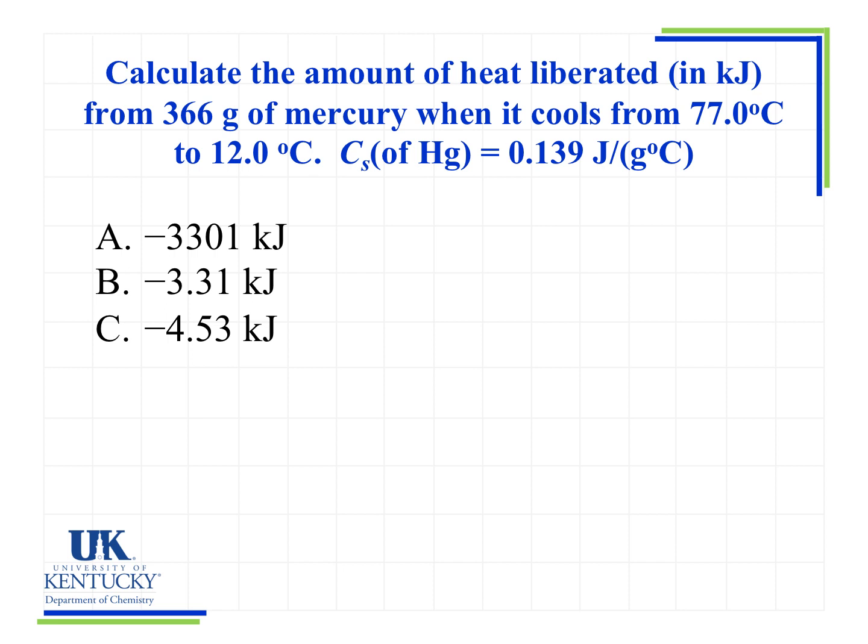Okay, so now let's have some practice. Calculate the amount of heat liberated in kilojoules, pay attention to that, from 366 grams of mercury when it cools from 77 degrees Celsius to 12 degrees Celsius. You have the specific heat of mercury, and the unit of that is joule per gram per degree Celsius.